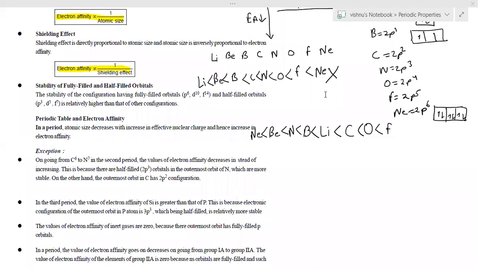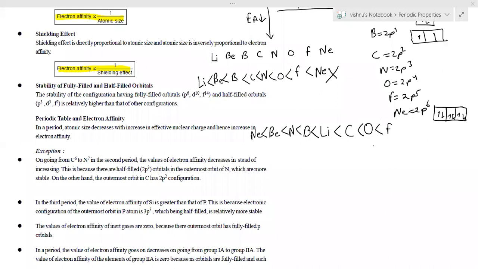Now, this is applicable only for s and p atomic orbitals, the s and p block. This is the order for the second period. All of you can have the same order for the third period. For example, instead of fluorine, we'll have chlorine in the third period.